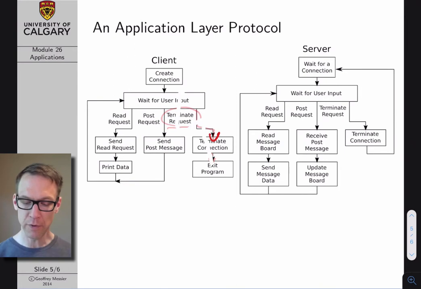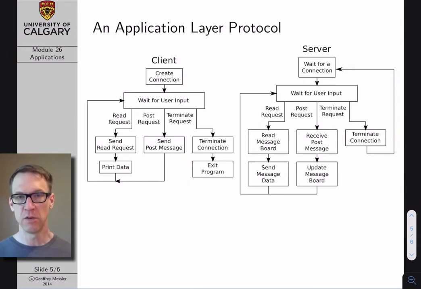So pretty simple message board type application. What I'm going to do now is we're going to take a look at the source code itself and step through the program, and also use these state machine diagrams to indicate where we are in the application layer protocol.